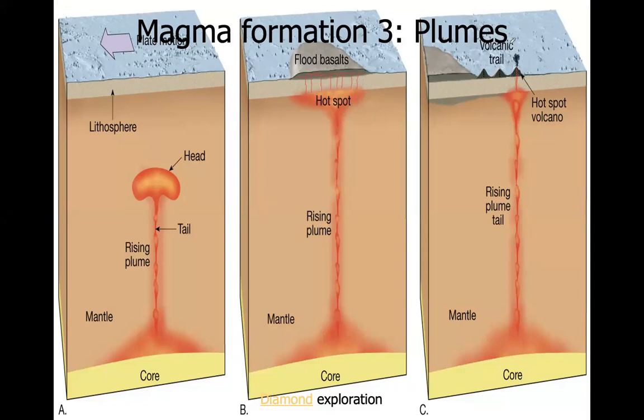Plumes are coming from a very deep part of the earth. That means it's coming almost from the core-mantle boundary, some 2,700 kilometers below. So they can come up as a huge magma body, right? So it starts to come up, right?